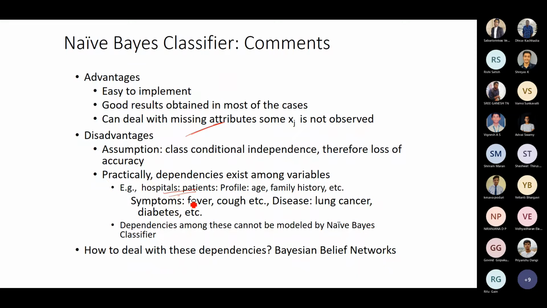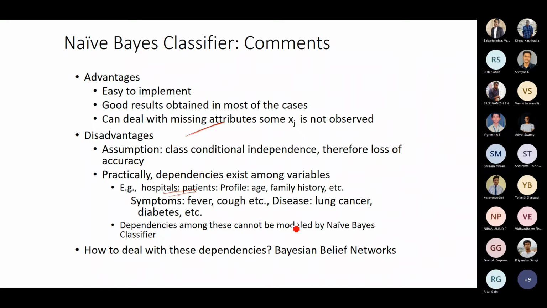Similarly, symptoms: fever, cough. So you have a cascading effect. If you cough more, you will have phlegm. If you have more phlegm, your body heats up to remove the phlegm, and so you will have fever. So there is a dependence between the attributes which is not being considered in the naive Bayes classifier.